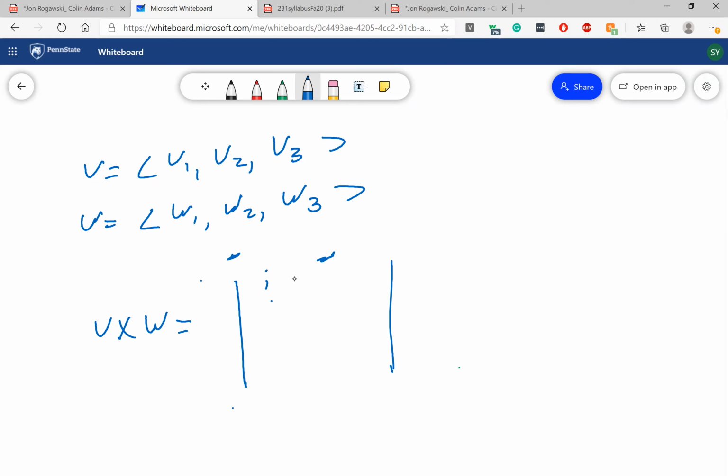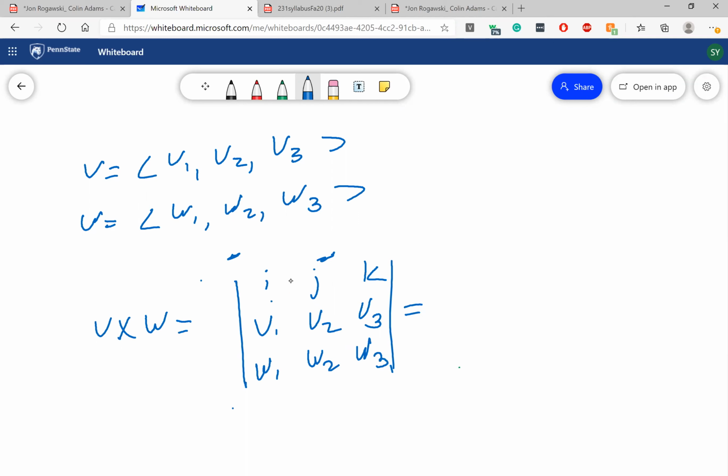So in the first row, you put an i, a j, and a k. And in the second row, you put the v because it's first, so you put v1, v2, and v3, and w1, w2, and w3. And now you take this determinant.